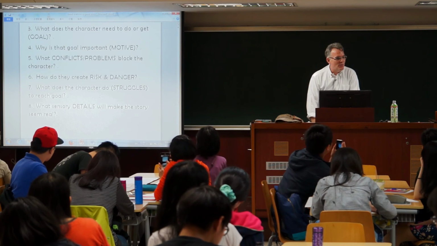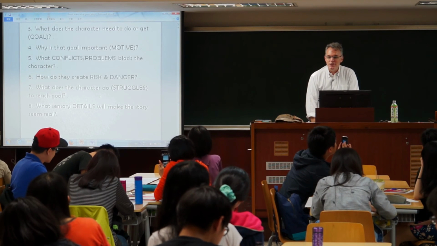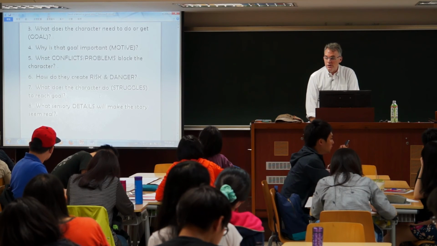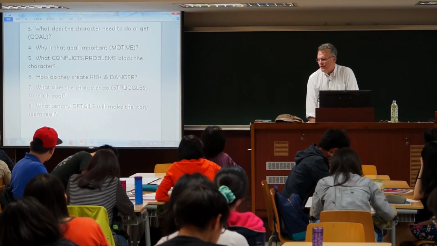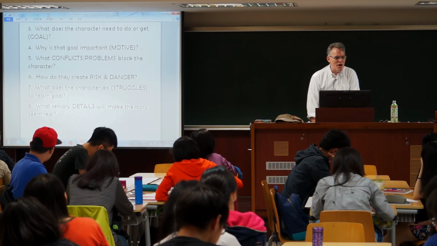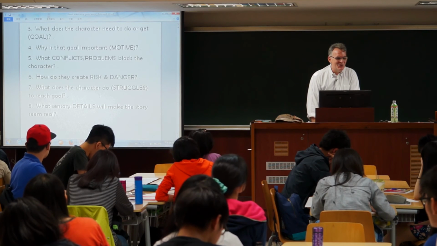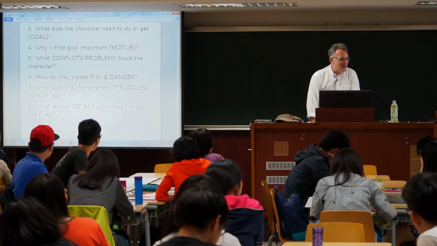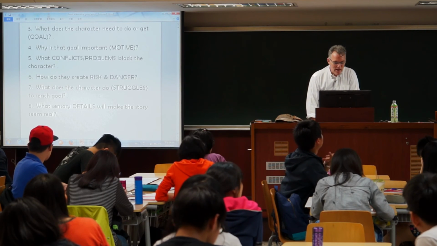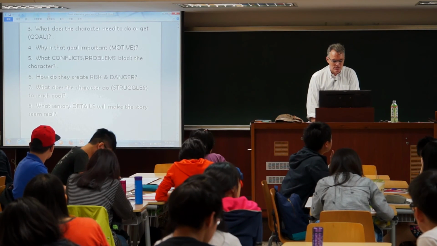And what struggle did you go through to face the challenge? And finally, are there any details, even small details? They don't have to be lengthy. You don't have to write like a French novelist or something like that. You can just write brief details, just adjectives and nouns that might enhance the story a little bit.